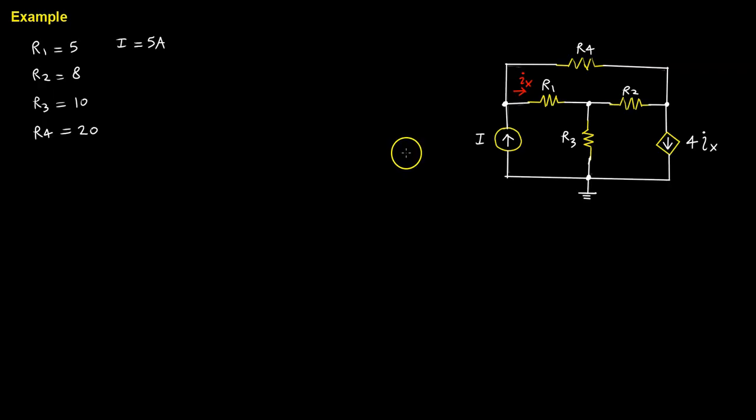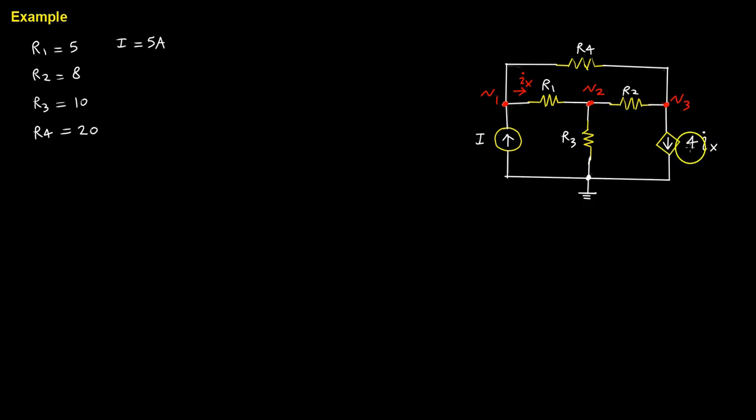Okay, so let's look at a second example. In this case, we're going to have 3 node voltages to find, and they're going to be V1, V2, and V3. We expect to have a 3 by 3 matrix to be able to accurately represent the system. In addition, we also have a new challenge, which is that we have a dependent current source, which means that the value of the current through this branch depends on another variable.